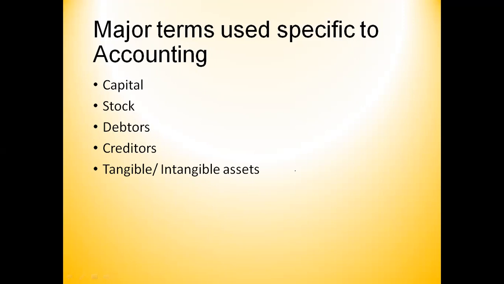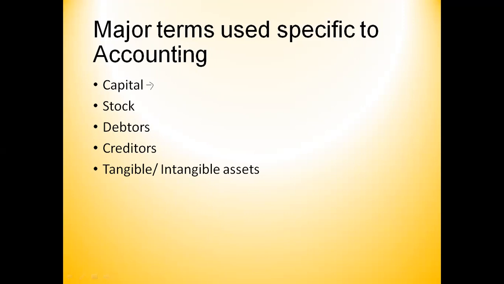Now moving on, the first term which I have taken is capital. Funds invested by those who own the business is capital. Whoever the owners are, they contribute their funds to the entity; owners' funds is nothing but capital. When we learn the further steps in accounting, we will learn with respect to sole proprietorship, then move on to partnership and corporate entity.